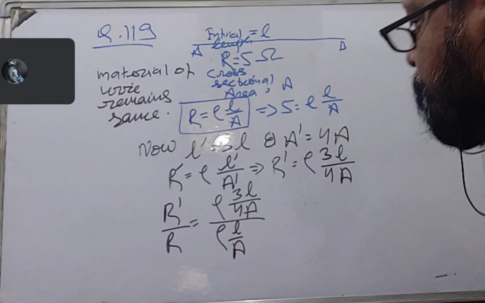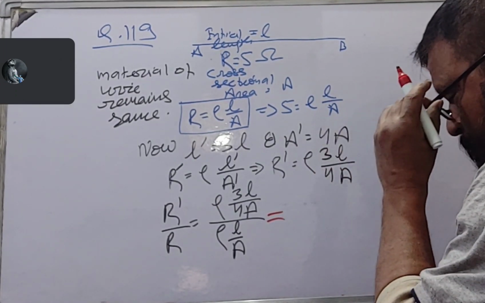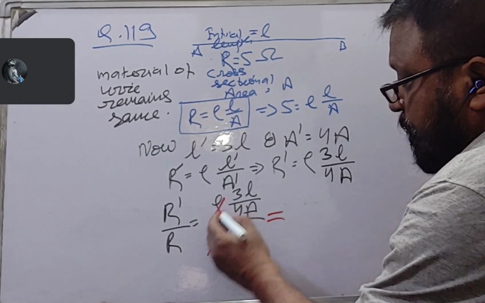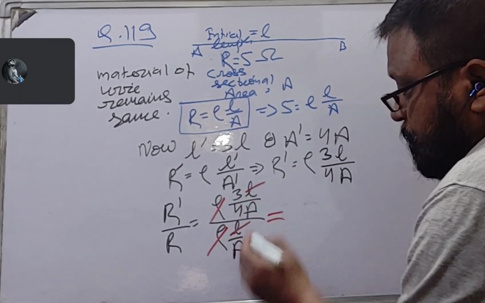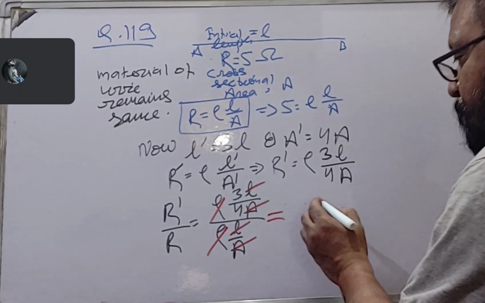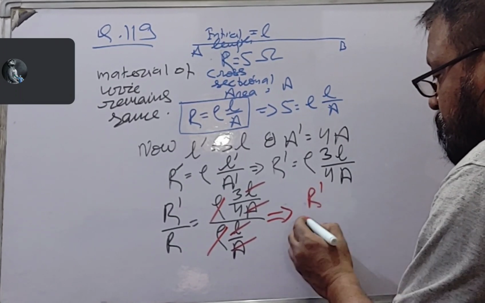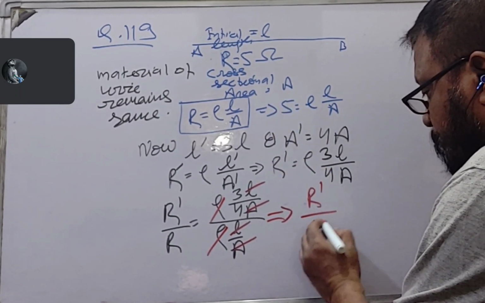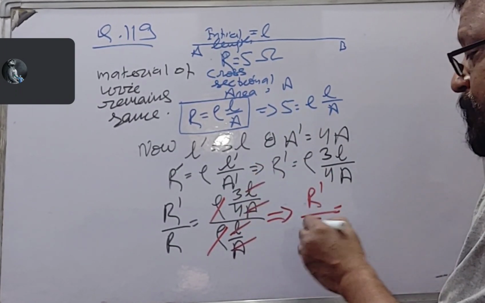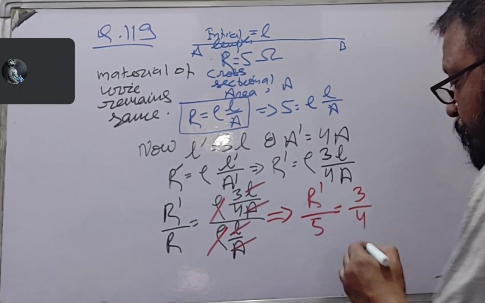So now we can write it like this. The rho and rho cancel off, L and L are gone, then A and A are gone, and we have R dash, and the resistance is 5, so I wrote here 5, and this goes down, so it becomes 3 upon 4, right?